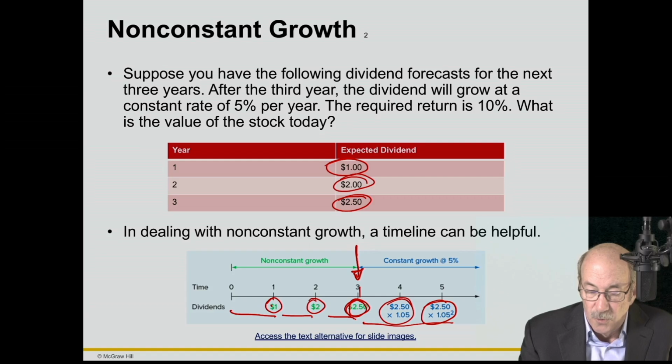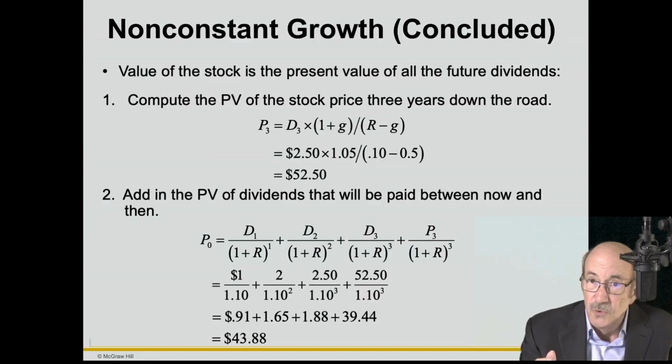Well, it's worth whatever the present value of all of these future dividends growing at 5% are. So we can use our growing perpetuity formula, and we'll have D3, which is the dividend we just received.